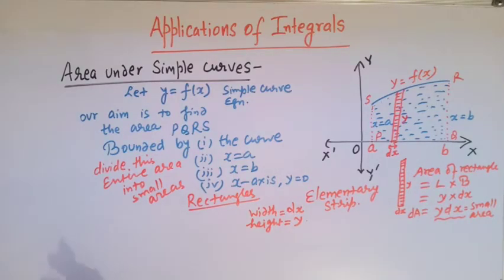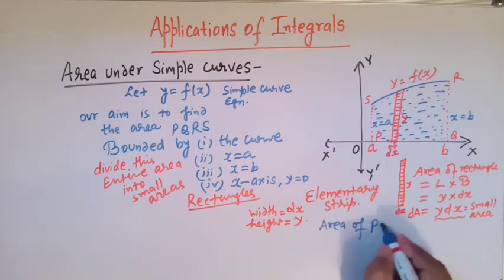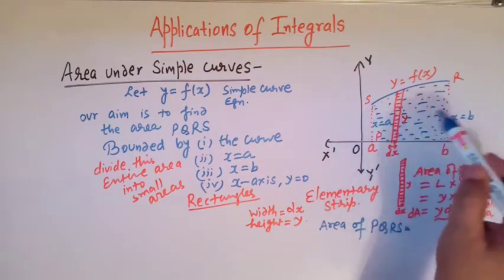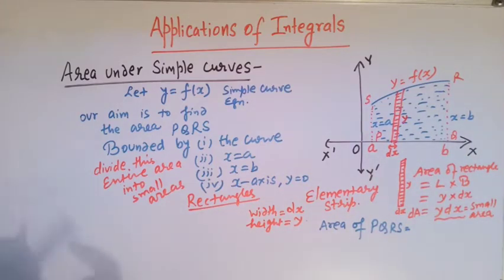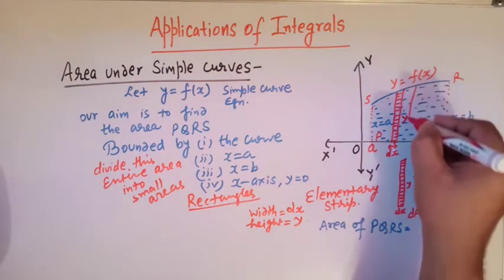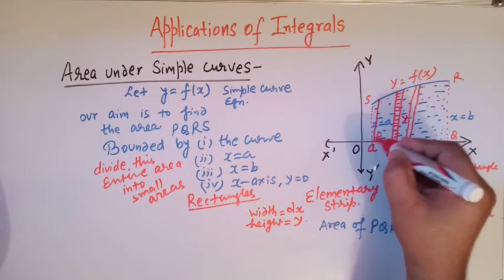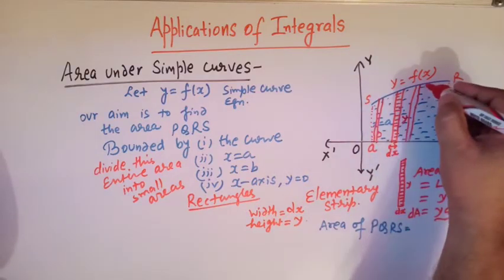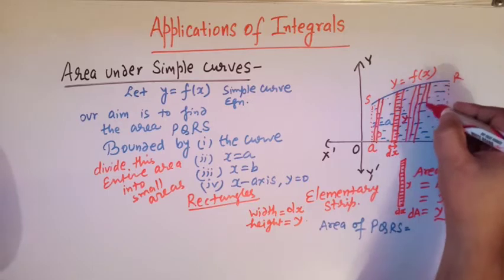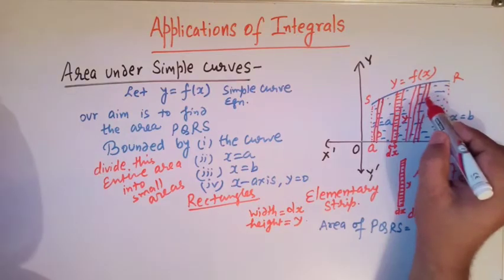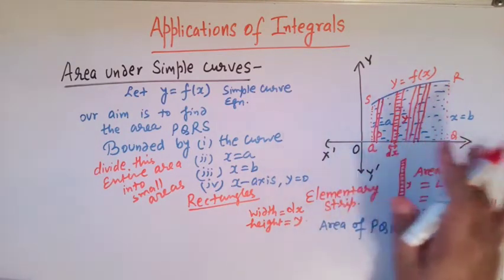So now the area of the region PQRS is the sum of the areas of all the elementary strips. We will draw another strip like this, then we will have a strip like this, and we will go on making such elementary strips.